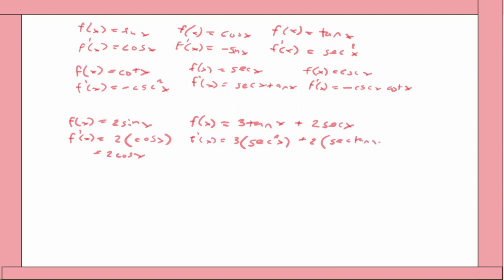So we could just rewrite that as 3 secant squared of x plus 2 secant tangent of x. And if you'd like to, you also could take out a secant. That would work perfectly fine, but we won't do that at this step right now.